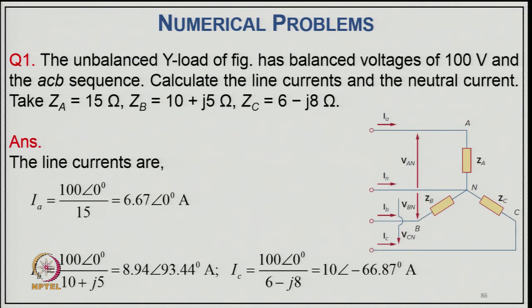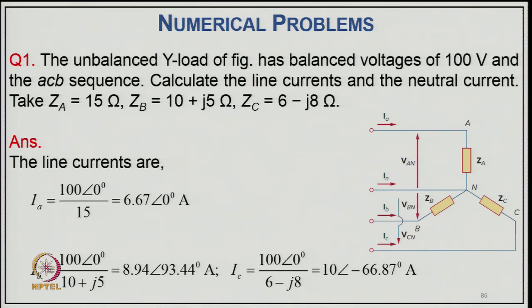Now, coming to an example: the unbalanced star connected load has a balanced voltage of 100 volts and ACB phase sequence. Calculate the line currents and the neutral current here. So, we have ZA equal to 15 ohm, ZB equal to 10 plus J5 ohm, and ZC equal to 6 minus J8 ohm. So, the line current will be IA equal to the line voltage, that is 100 at the angle 0, divided by 15.